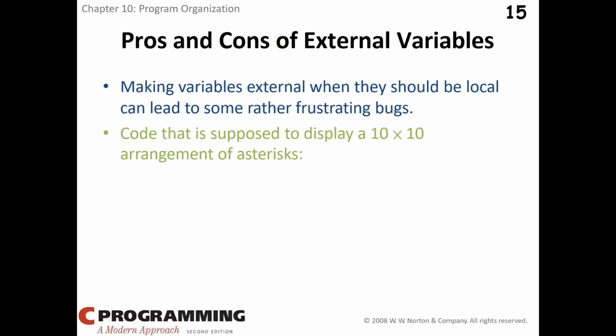External variables, when used appropriately, can facilitate communication between functions and simplify the sharing of data. However, misusing them by making variables external when they should be local can lead to frustrating bugs and unexpected behavior in our programs.